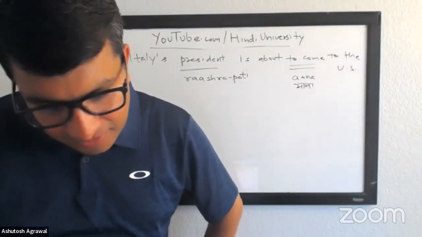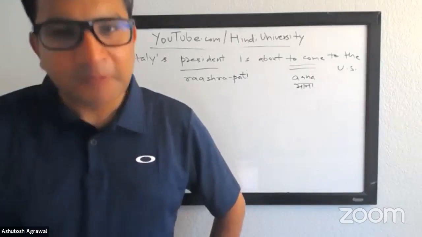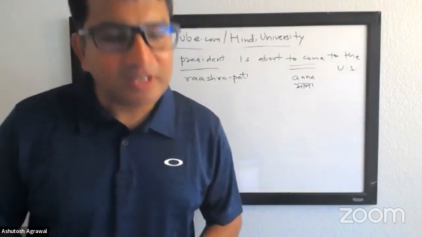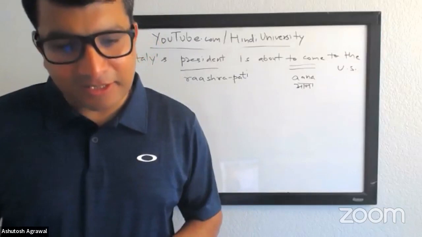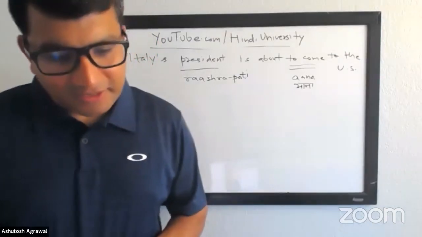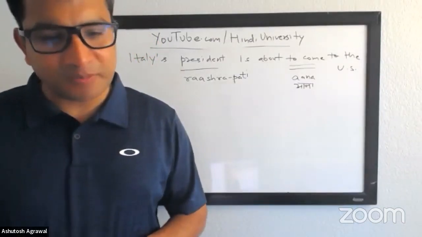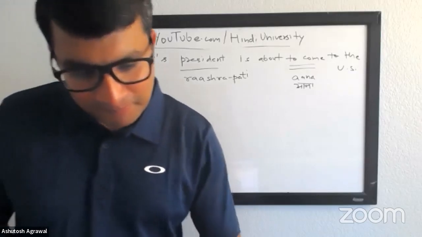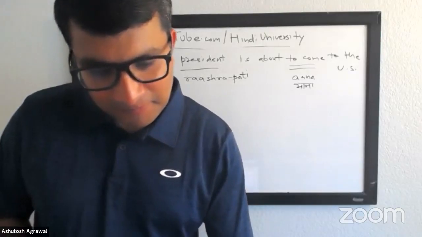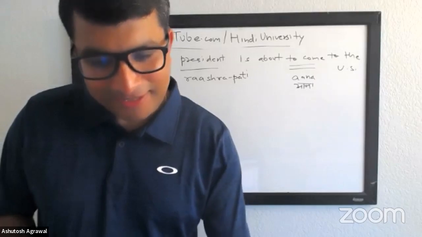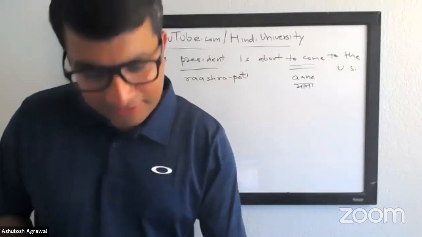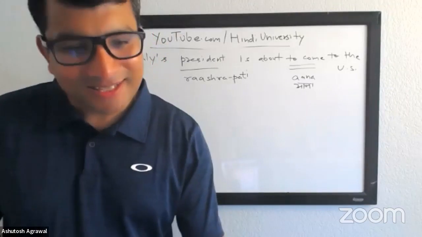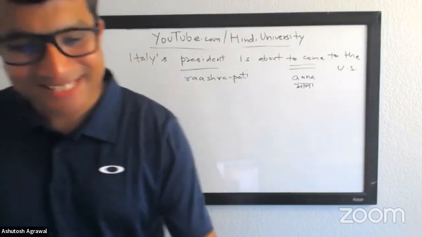I'm a little confused about the US ko. Why is there a ko there before US? Okay, who would like to answer that? Should there be a ko or not? I didn't think there should be one. Anybody else? I put one, but I wasn't sure, so I put it in case there was.